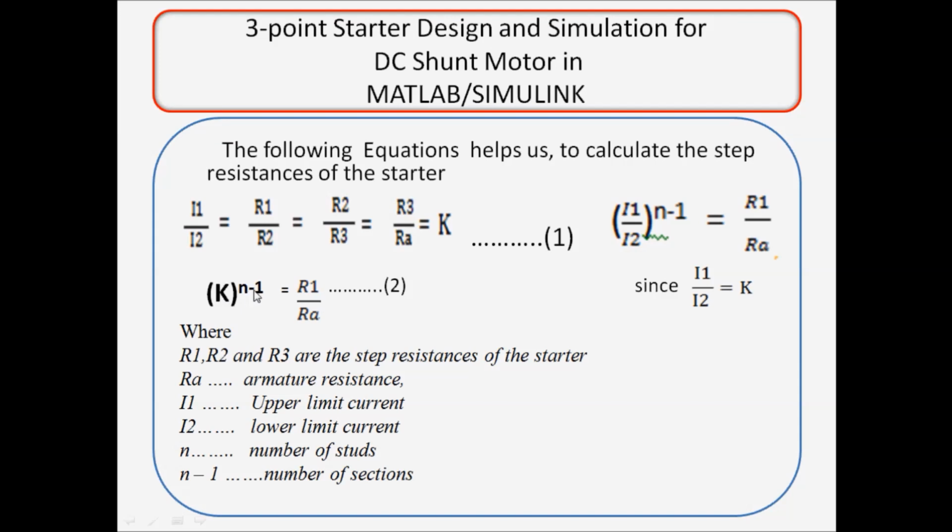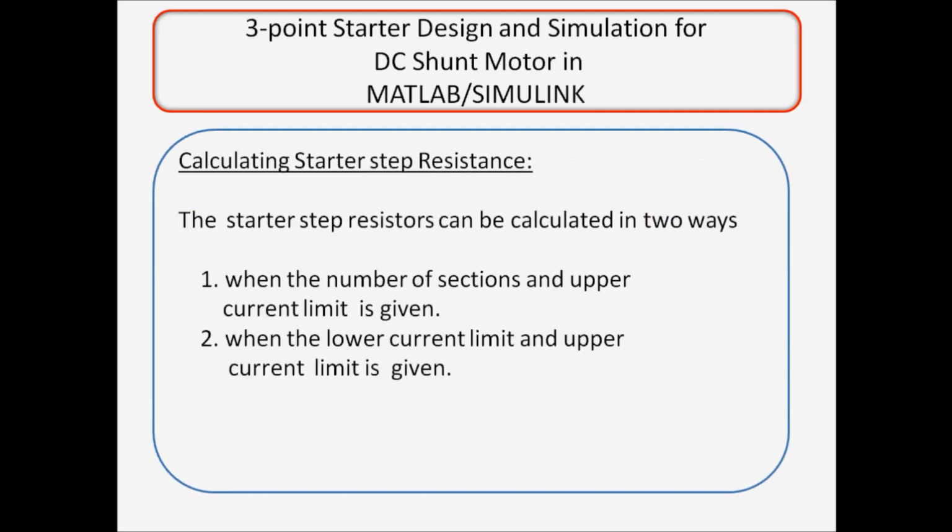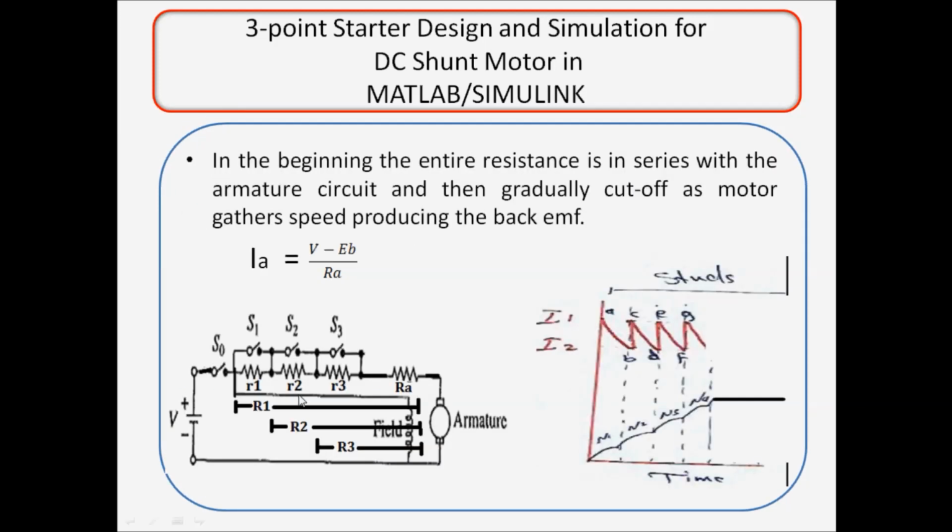Here n minus 1 is the number of sections, RA is the armature resistance value, and R1 is the initial step resistor, that is the resistor that appears across the armature circuit immediately after closing the switch S0. See in the diagram, this is the R1 initial step resistor.